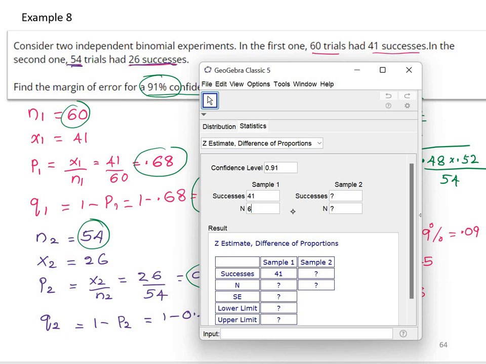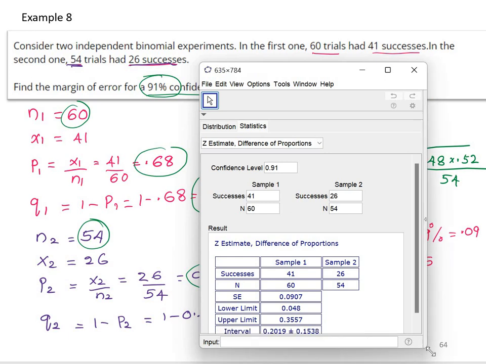So we input that there. And the success of the second one, x2, is 26, out of n2 is 54. Okay, that's it. Now we just input that and you can see the values there.